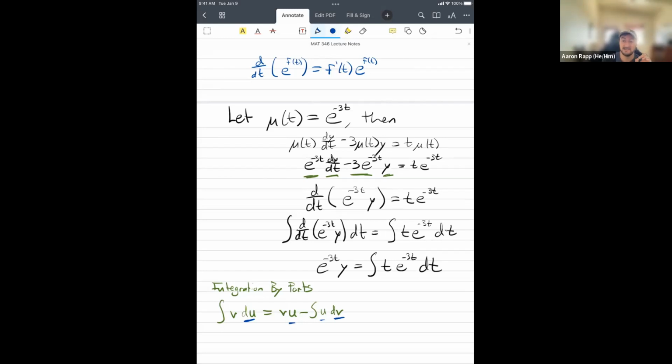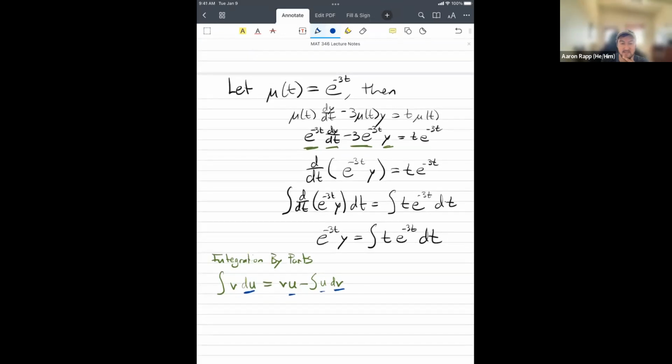And the term that I set du to is the term that I know the antiderivative of, and it's going to be pretty easy to compute. So when I look at t times e to the negative 3t, I'm going to want to set v to be something, and I want du to be something. What do you suggest?